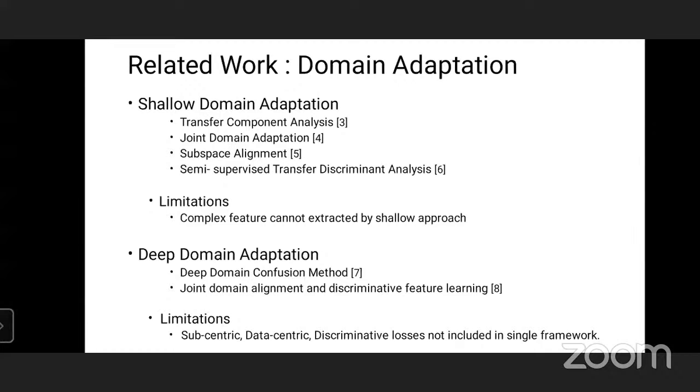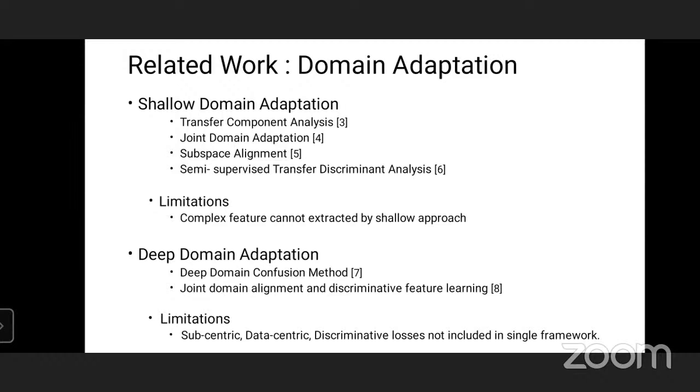The main advantage of domain adaptation is that we create a model with the help of source labels, and based on the available source label information, we train our model to work on the target domain too. This is called domain adaptation. Domain adaptation is mainly classified into two categories: shallow domain adaptation and deep domain adaptation.